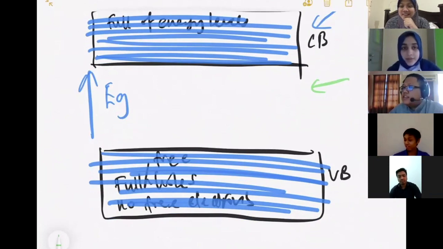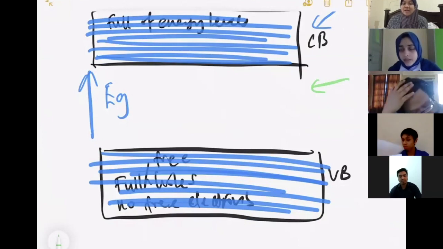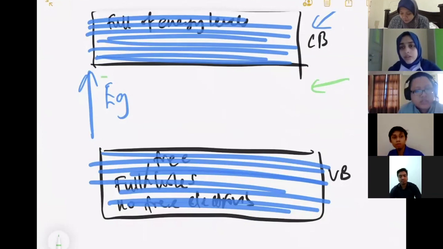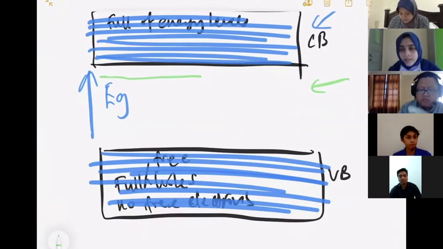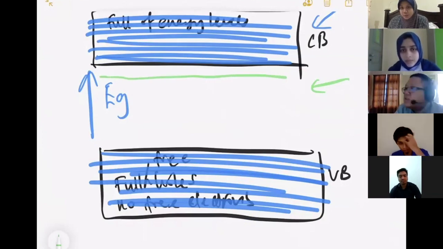If there are energy levels in this forbidden gap. Okay. So when you are answering why N-type is closer to the conduction band, it's because N-type means you have free electrons, right? So in order for it to be free, it has to be close to the conduction band. So the energy level of the donor will be close to the conduction band. So this will be the energy of the donor atom.